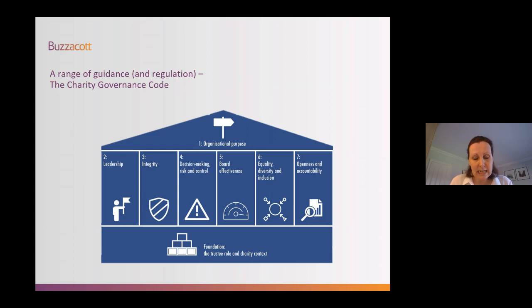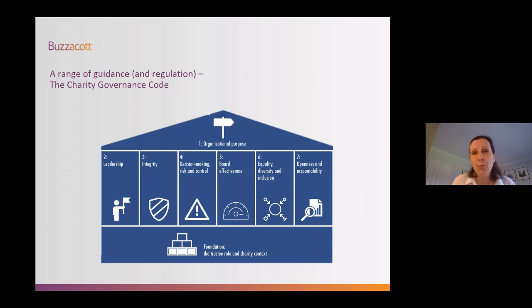I mentioned the ED&I side of things, so the principles of equality, diversity and inclusion very much being embedded in the trust. This is probably an area that many charities and educational institutions are really working through at this point in time, but the board should be assessing how well it's doing in these areas, and transparency in this area is also really important.